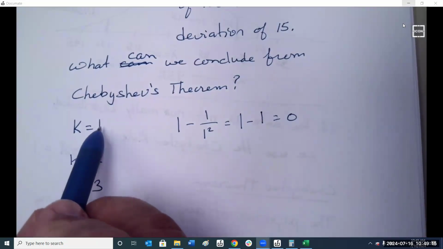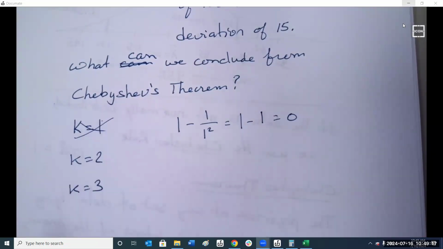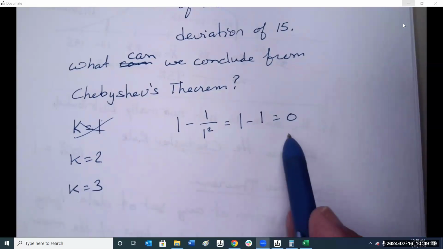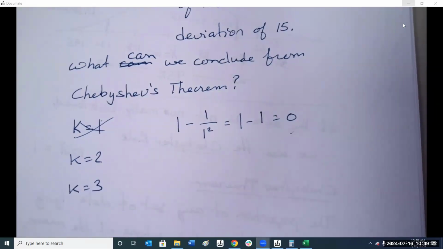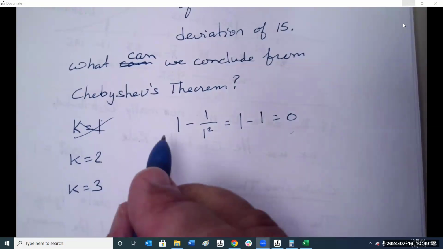Remember, can we use 1? No, because it has to be greater than 1. That's the reason why. Because if it's 1, there's nothing really there.